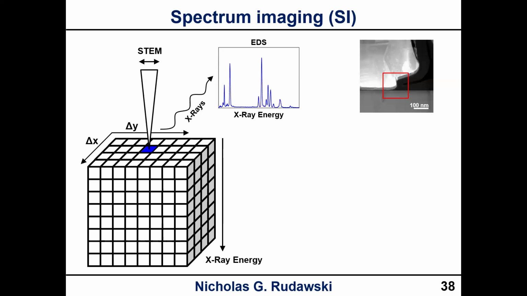This is the heart of how spectrum imaging works: you have to think of this like a data cube. If I take a slice through the data cube, this corresponds to a range in X-ray energy, and usually this corresponds to a specific peak in my spectrum. So if I look at this example here, this is just some nondescript peak.